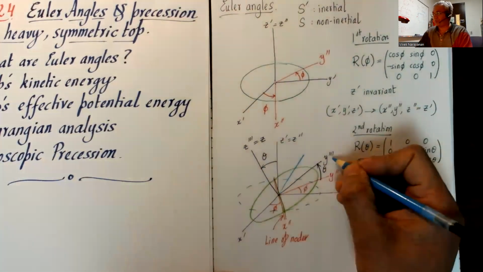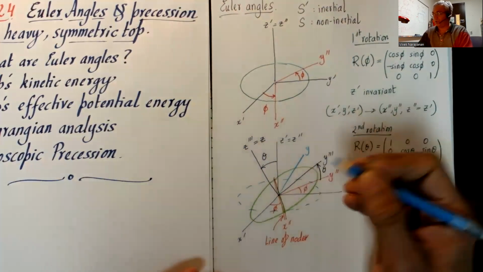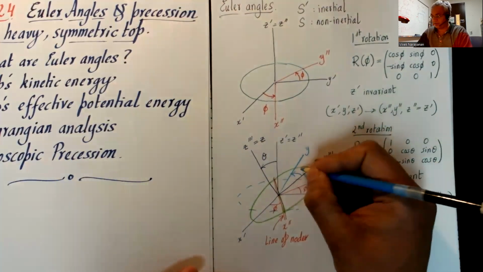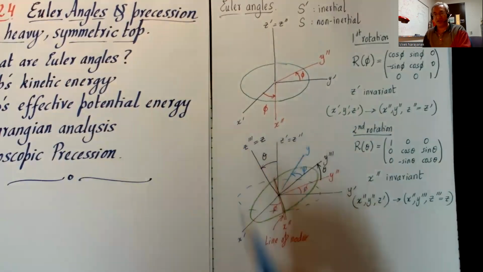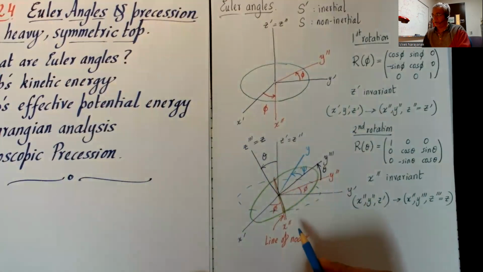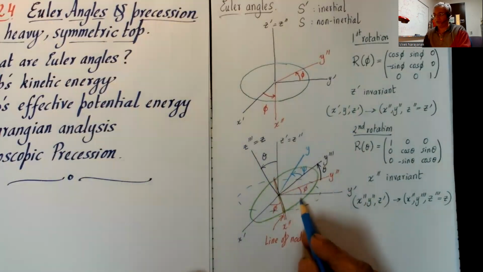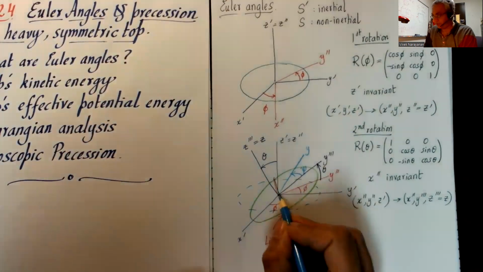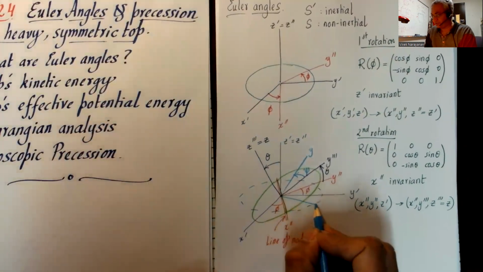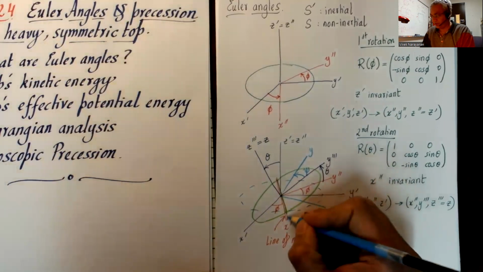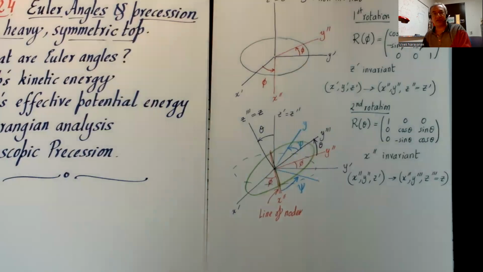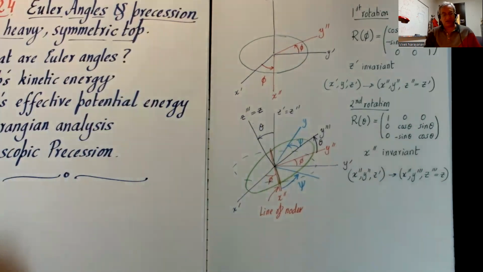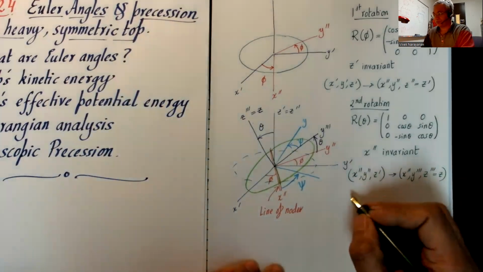I'm taking this y triple prime to its final destination y, and that is my angle psi. If I did that, since z has remained unchanged, my line of nodes has to also shift by the same amount. So the line of nodes shifts also by this angle psi. That angle psi is the last ingredient in the Euler angle formalism.